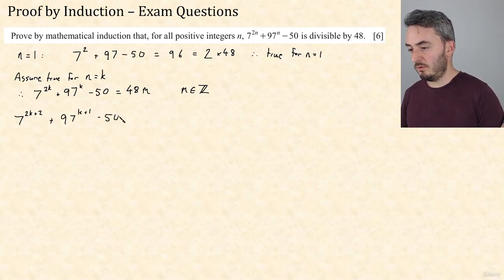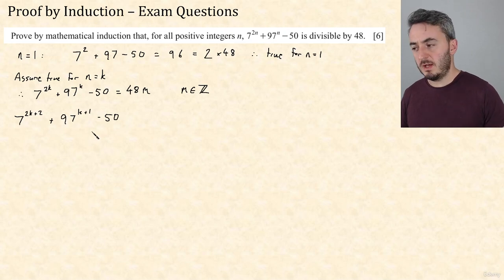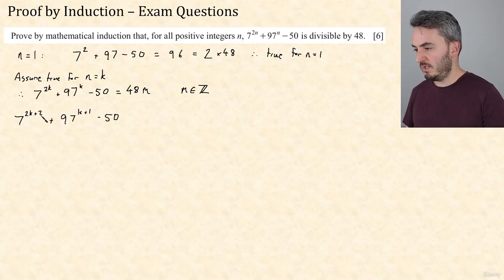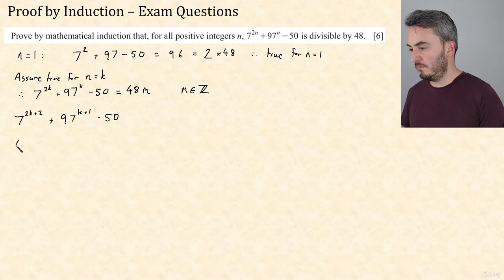minus 50. Now, remember what we're trying to do here. We're trying to sort of hack out bits of this. So how many of these do I get? Well, let's just separate this out into 7 squared times 7^(2k). So that's going to be 49 times 7^(2k).